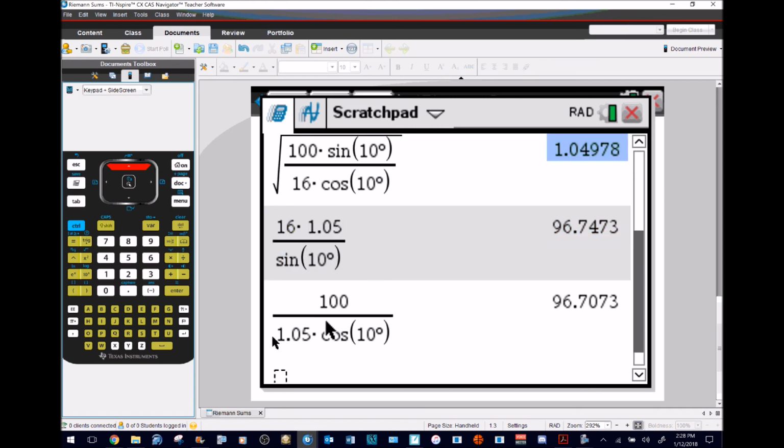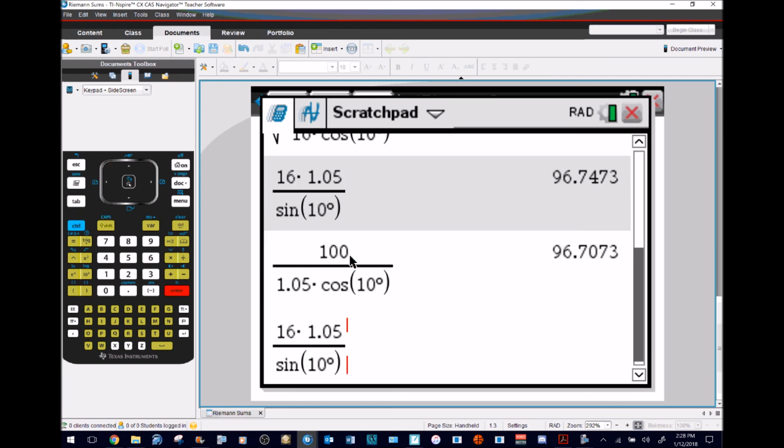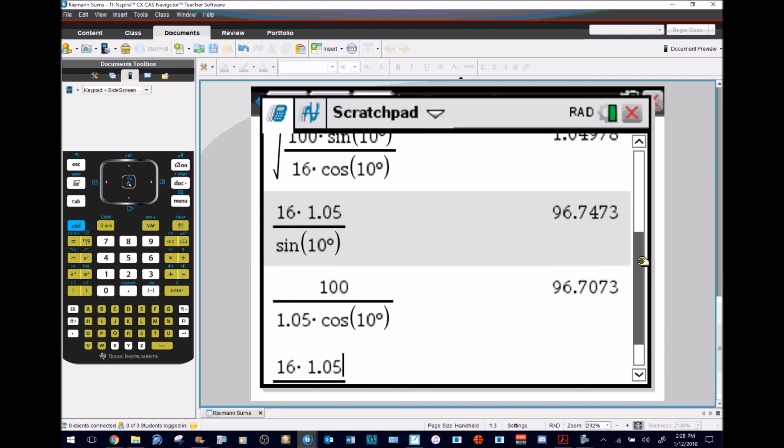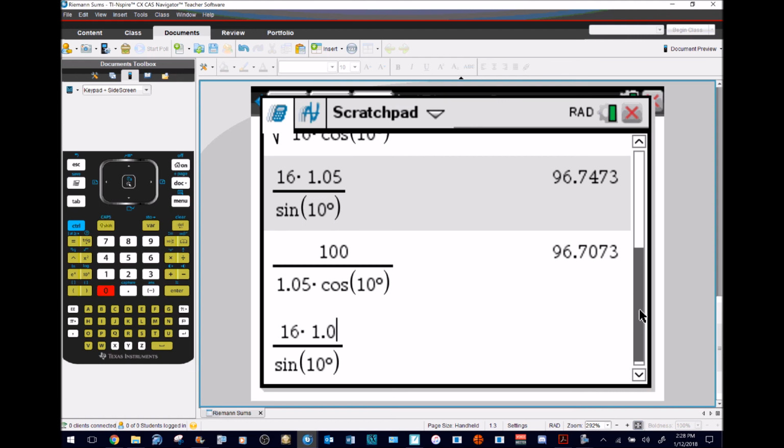Now, I don't want to turn this video into one that deals with the rounding situation, but just really briefly, what if I were to copy that particular expression? If I were to go back up into this one, I think I may have 1.049. I'll type 1.04978. We get a slightly varied answer there, which is honestly probably a better answer.